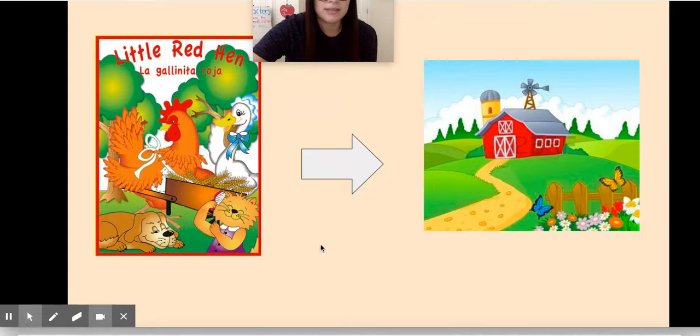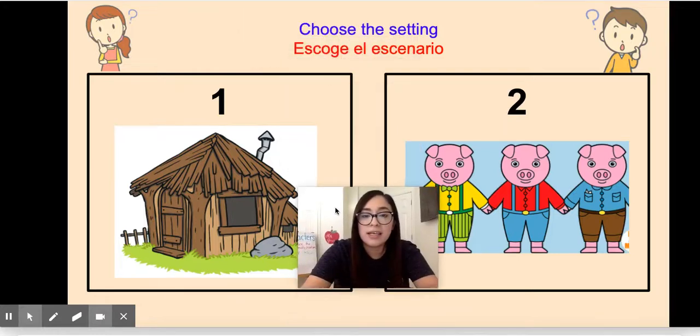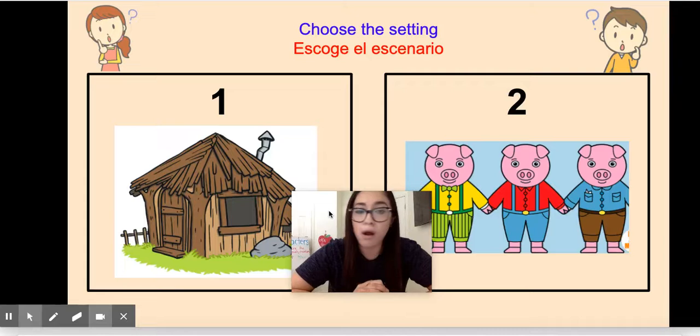Now let's see. I am going to show you two pictures and I want you to think about it and choose the setting. Okay, look at picture number one. Let's see, I see a house. It looks like it's made of straw, a straw house.